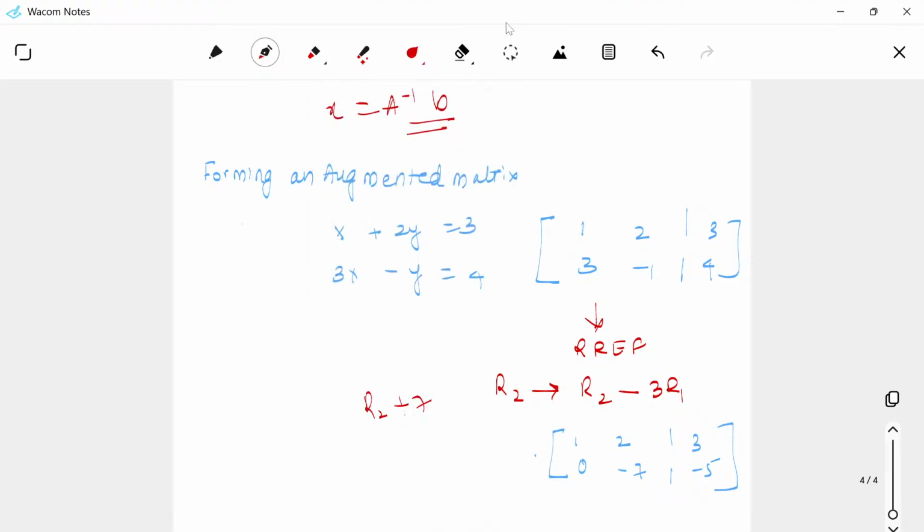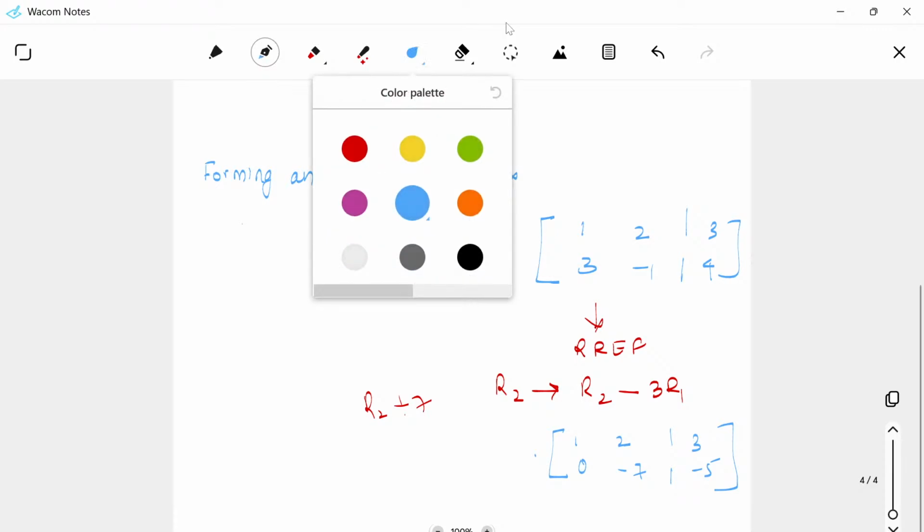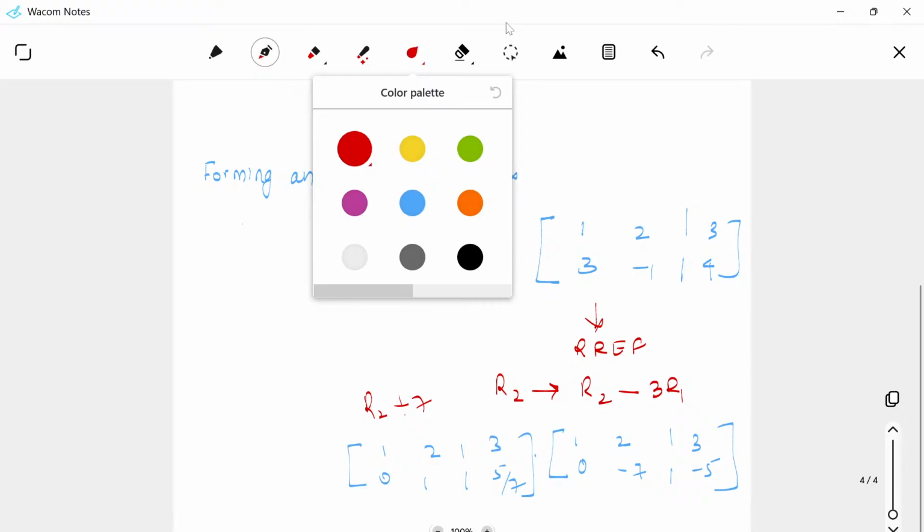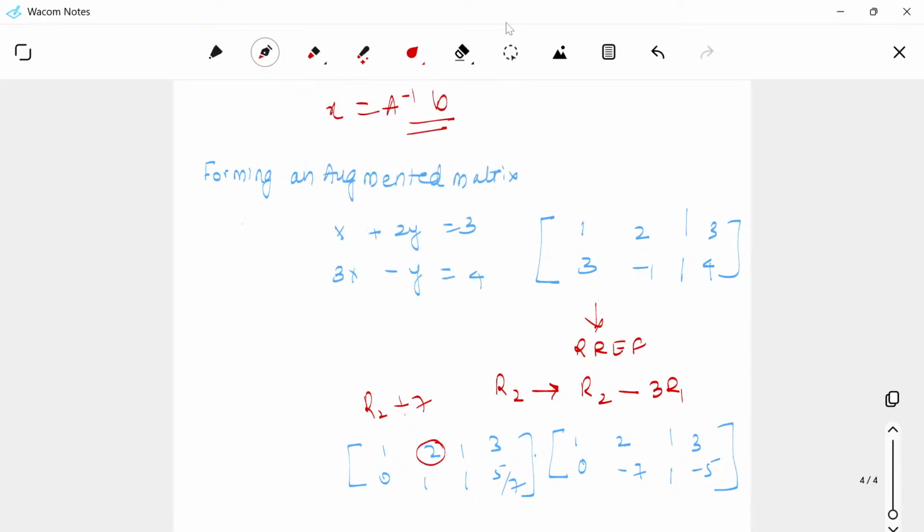What you get is [1, 2, 3; 0, 1, 5 by 7], and then from this you eliminate this 2, by R1 gives R1 minus 2R2. So this is [1, 0, 11 by 7; 0, 1, 5 by 7]. So x will be equal to 11 by 7, y will be equal to 5 by 7.